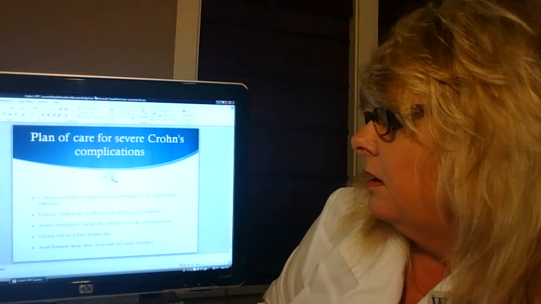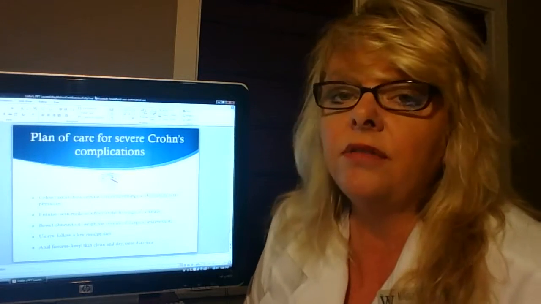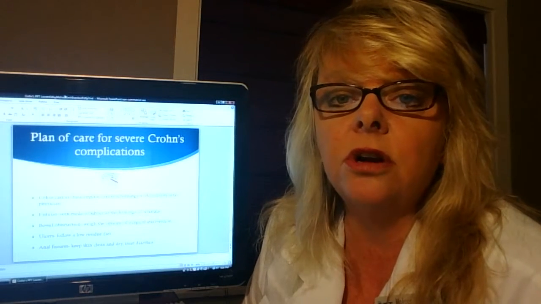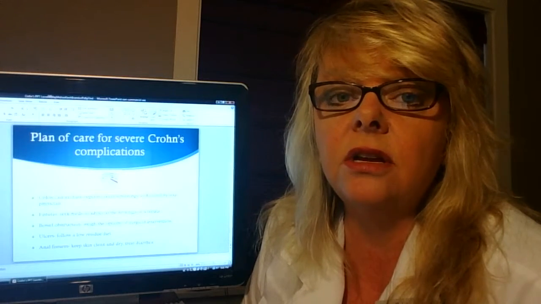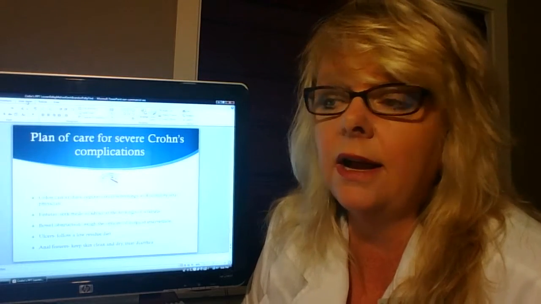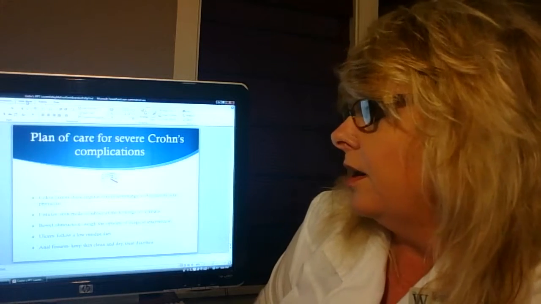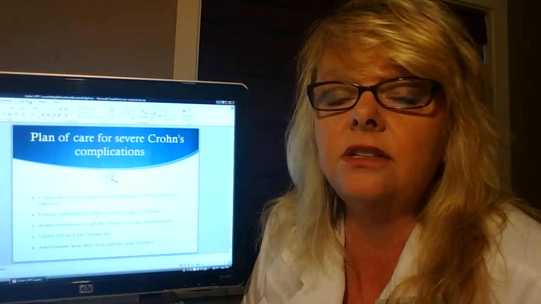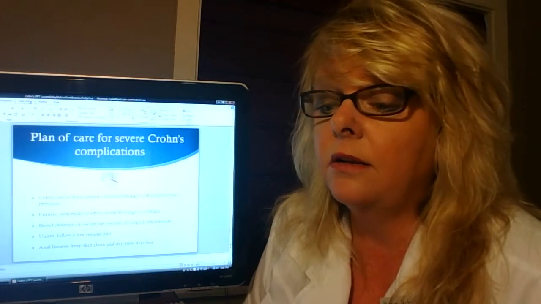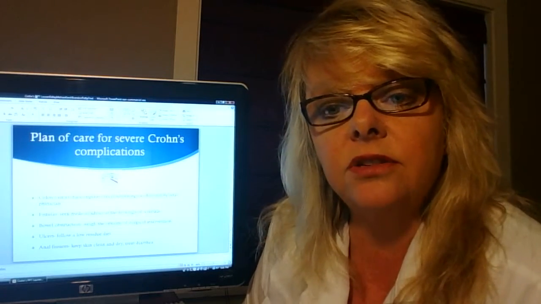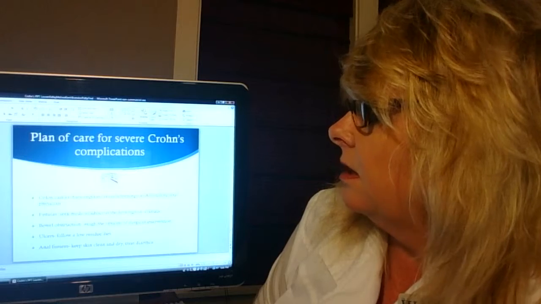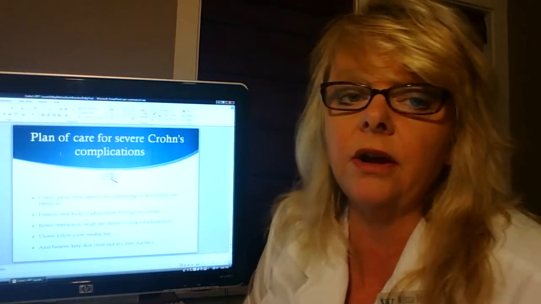Bowel obstruction: patients oftentimes will need multiple surgeries in their lifetime, so they want to weigh surgical intervention with great care. But to try to prevent bowel obstructions, they need to follow their diet. Of course, don't smoke, get regular exercise, and those things can all help to keep the flare-ups to a minimum.